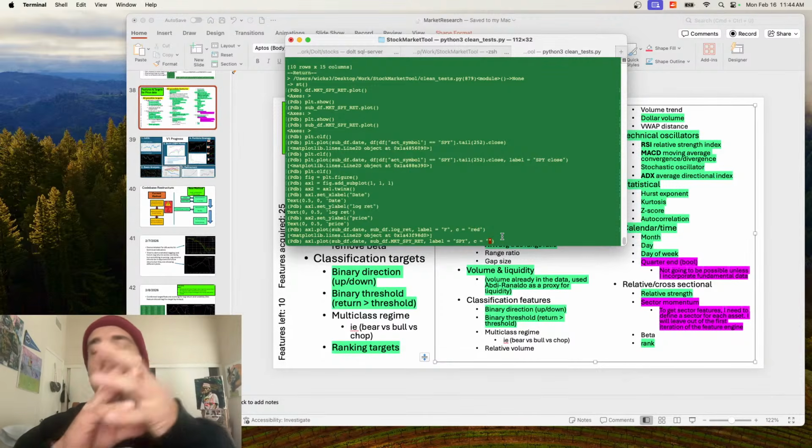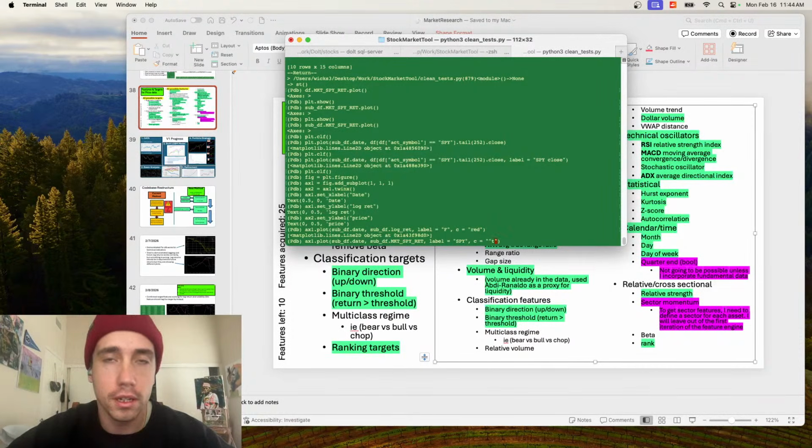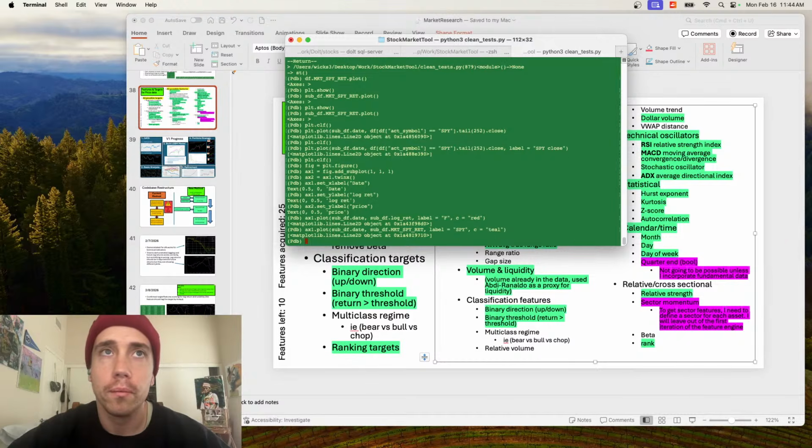Okay, so the log return for Ford is going to be red. Log return for spy, I guess I could make teal. Then x2.plot df.date, df.close.